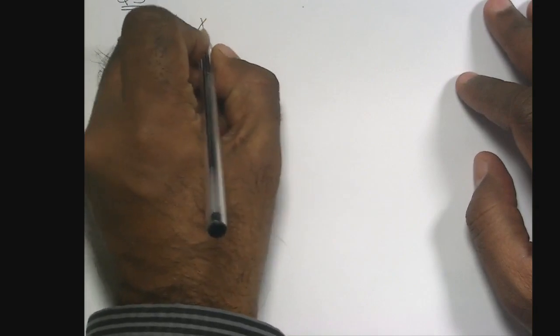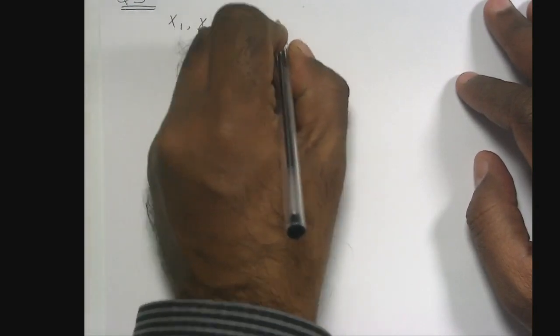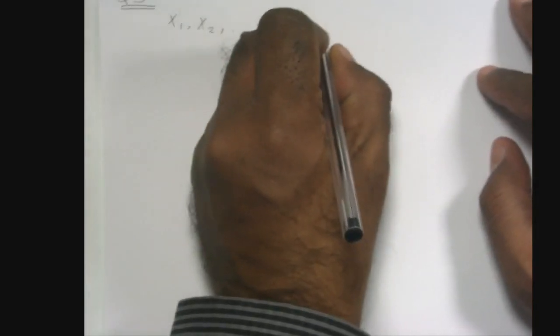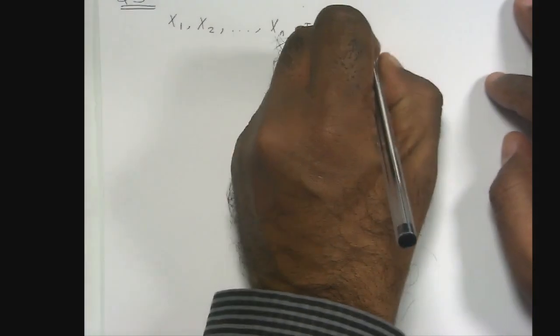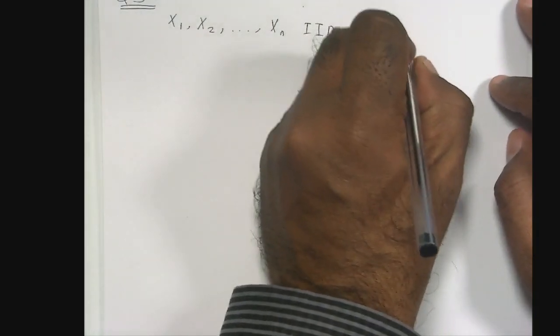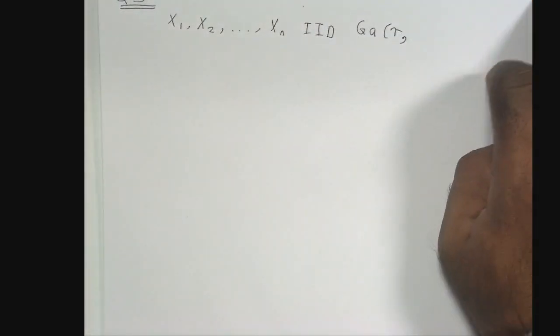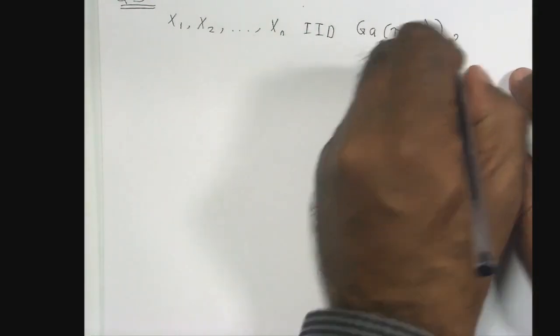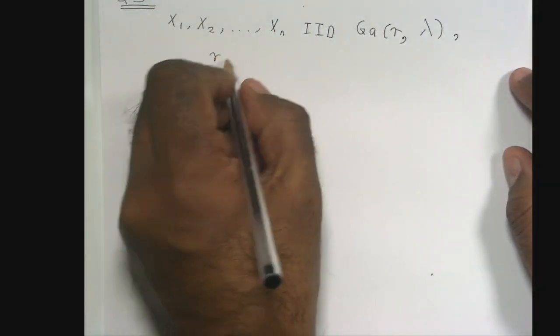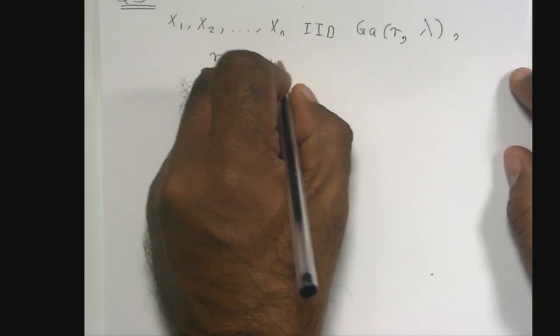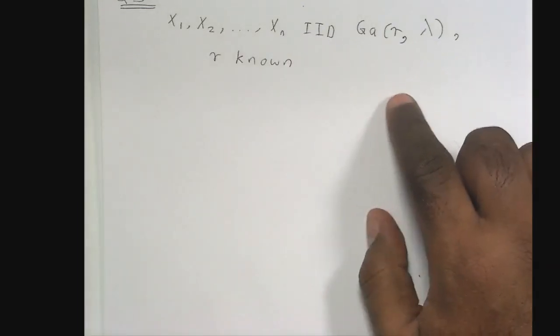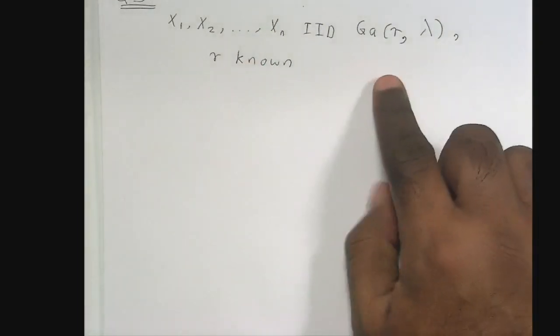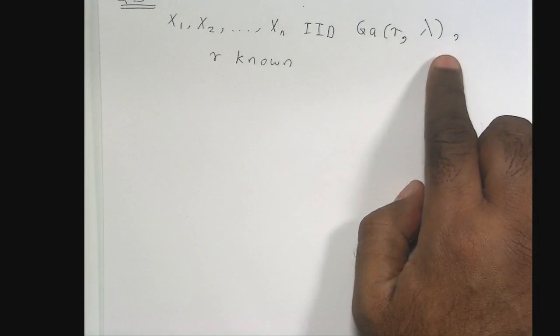So you have x1, x2, and so on, a random sample from a gamma distribution with these parameters.